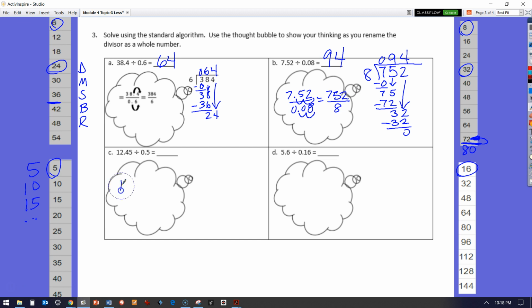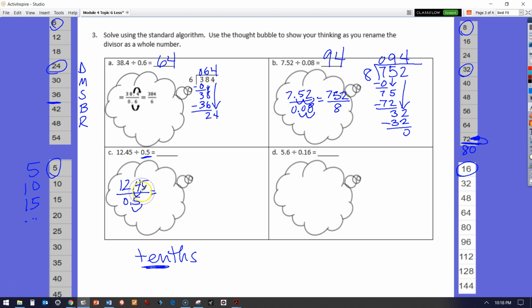All right, I'm going to go with the quick version here. Rewrite my division equation as a fraction. I know that I only have to move over one time because my divisor is only out to the tenths. Tenths has the word 10 in it, so I know I'm really multiplying by 10 over 10.